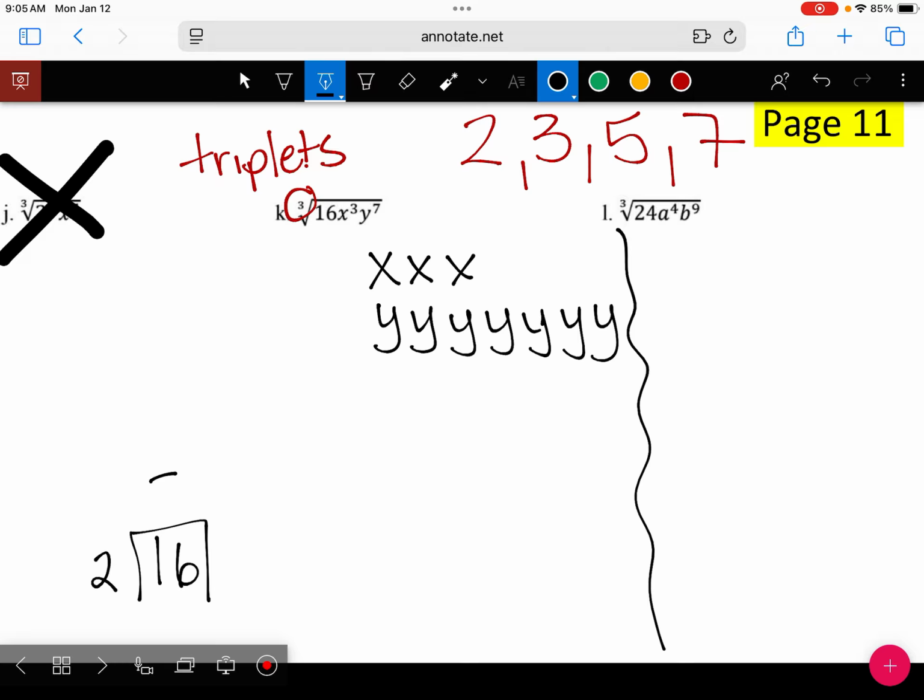So 2 goes into 16 8 times. 2 goes into 8 4 times. 2 goes into 4 2 times. And 2 goes into 2 1 time.